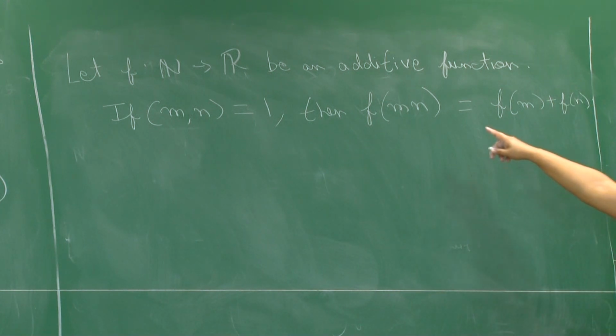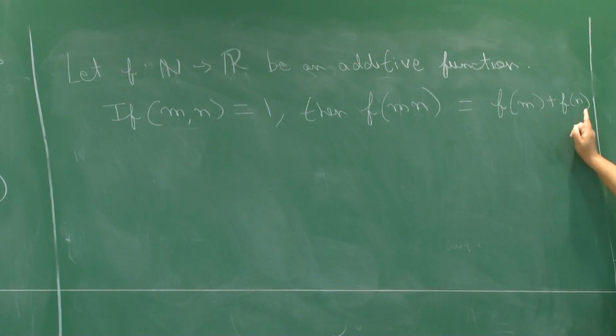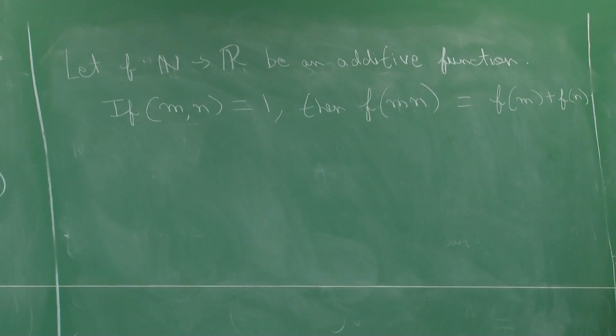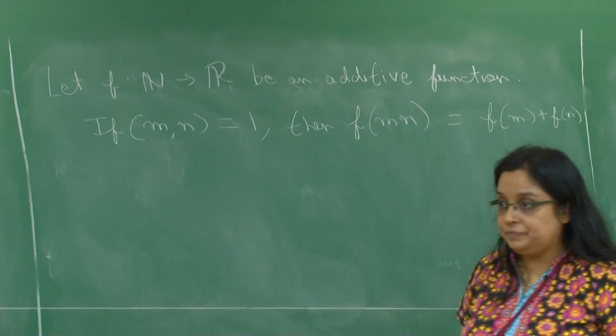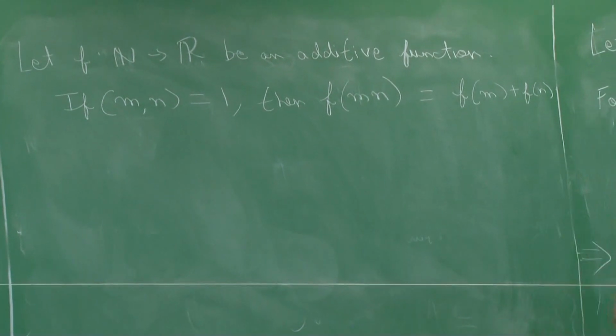When we say multiplicative function, then f of mn has to be equal to the product of f of m and f of n, but in the case of an additive function, we have the addition law. You can verify that omega of n is an additive function. It is the basic prototype of an additive function.